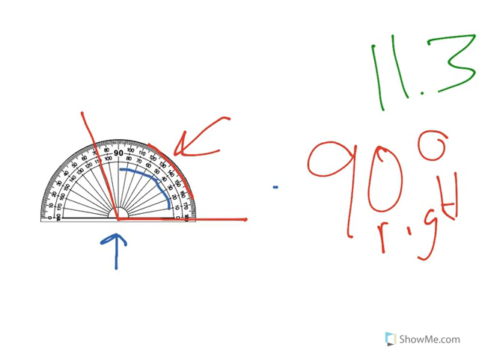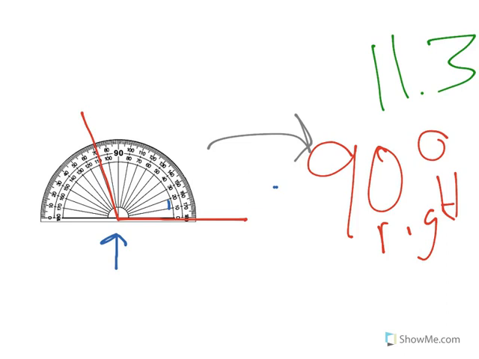A lot of kids are always asking, how do I know which ones to use? How I know comes right back to that 90 degrees. If it is larger than 90 degrees, I'm going to use my bigger numbers. If the angle is smaller than 90, I use my small numbers.